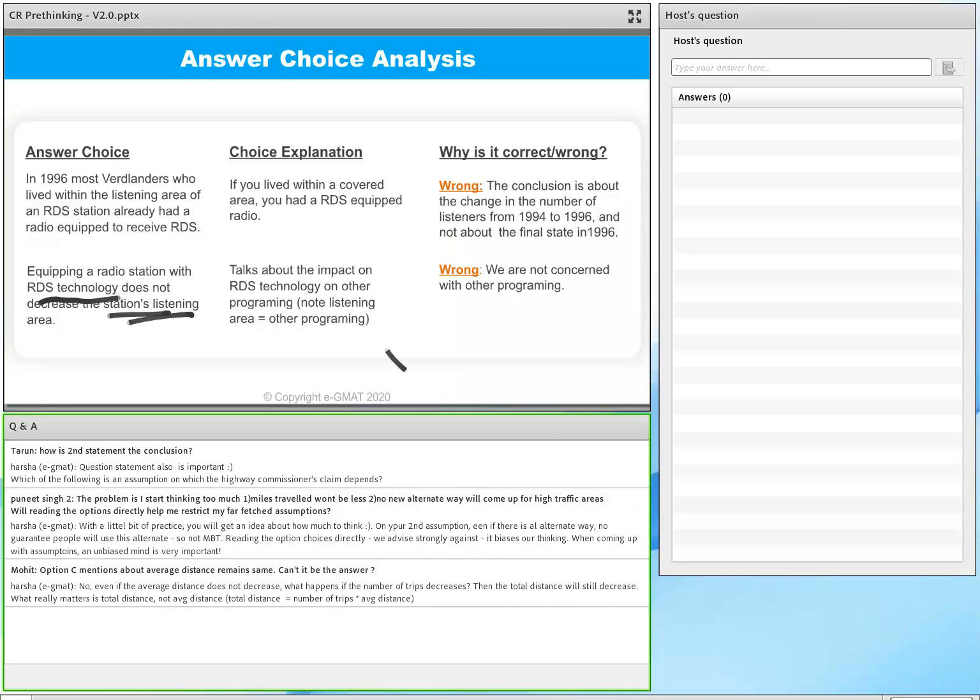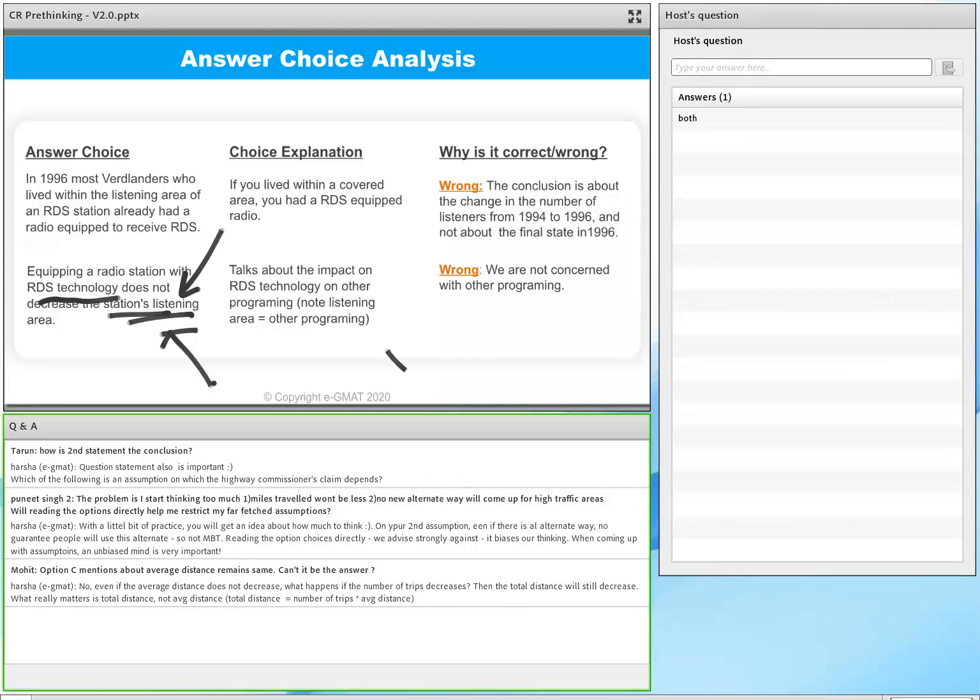Because it can't even broadcast that. So when you look at this answer choice, equipping a radio station with RDS technology does not decrease the station's listening area. Given what we know, what kind of programming is this talking about? Special or non-special? Non-special. Because for special programming, the range is 0 before you equip it.